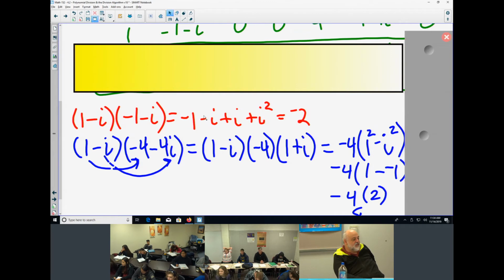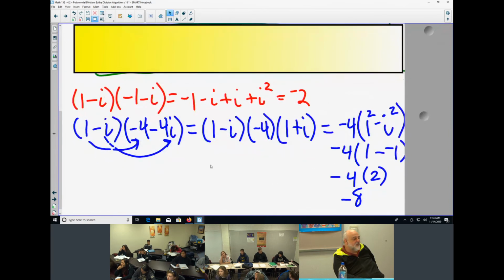So if I took the answer here, negative 2, and multiplied it by 4, I'd get negative 8. But I didn't see it until I'm just seeing it now. Okay? Sometimes you can see little tricks like that that could help you. But anyway, normally you have to FOIL it out. Okay? All right, so good job, Jill.